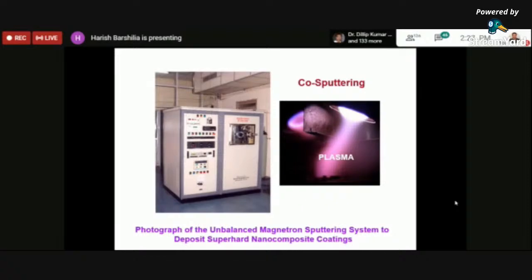So the sputtering can be a normal sputtering. You can have DC sputtering. You can have RF and DC sputtering. You can have co-sputtering. That means two materials we can deposit together and you can form a composite material. So, for example, you want to form titanium carbonitride, which is widely used in the cutting tool industry.